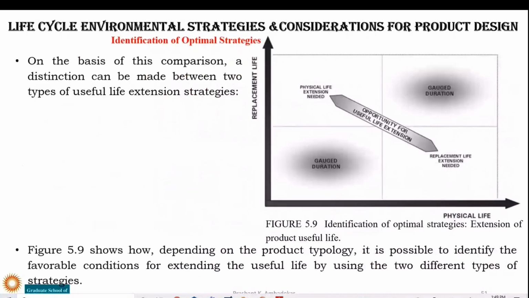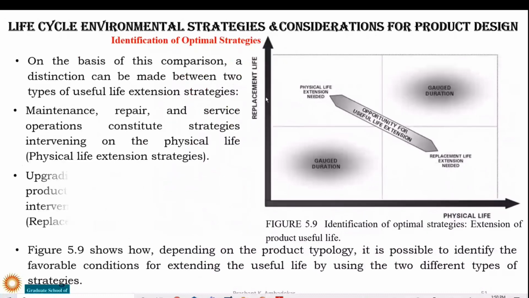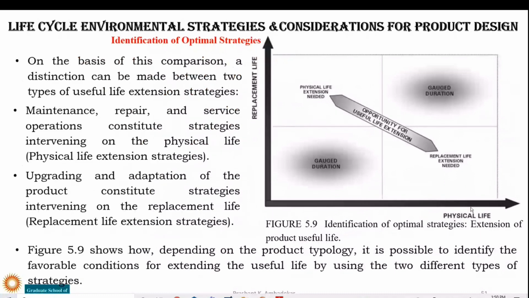Okay. So here we can see replacement life is along the y-axis and physical life is along the x-axis. Now, if you see this here, it is gauge duration and here it is gauge duration. I will explain these two quadrants later on. First, we'll see this quadrant: replacement life extension needed.